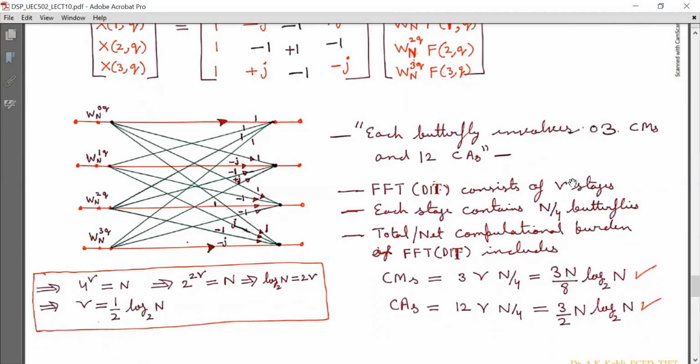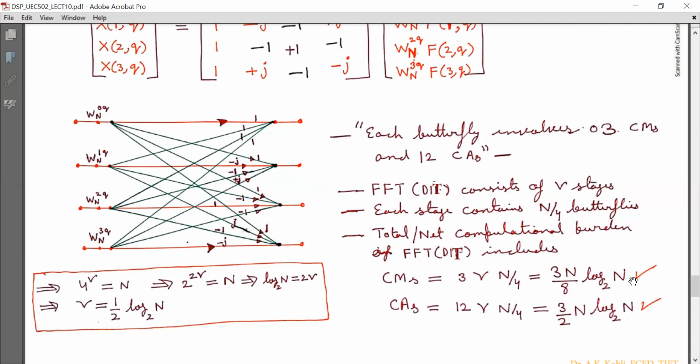Number of stages, V, so multiplied by V, 3VN/4. Here 4 raised to power V is equal to capital N, and this is 2 raised to power 2V is equal to capital N. Taking log with base 2 on both sides, we will get V is equal to 1/2 log2 N. So number of complex multiplications comes out to be 3N/8 log2 N.